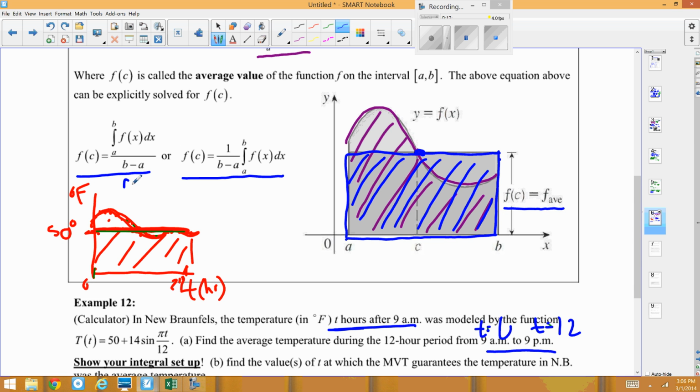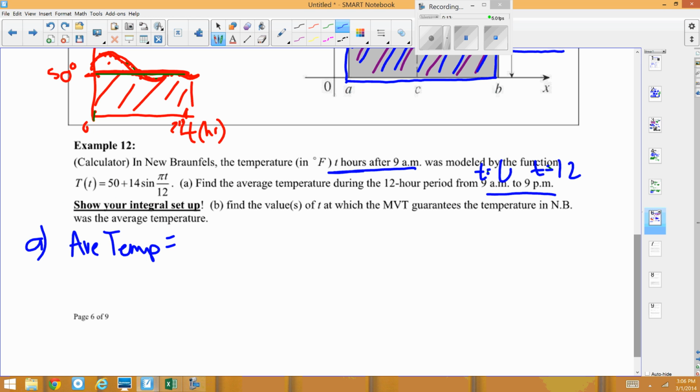I don't care if you use this formula or this one. So it's like this b minus a, that's the width. That's the time that we're talking about. So it's 1 over 12 minus 0 times the integral, or the accumulation of temperature from 0 to 12.